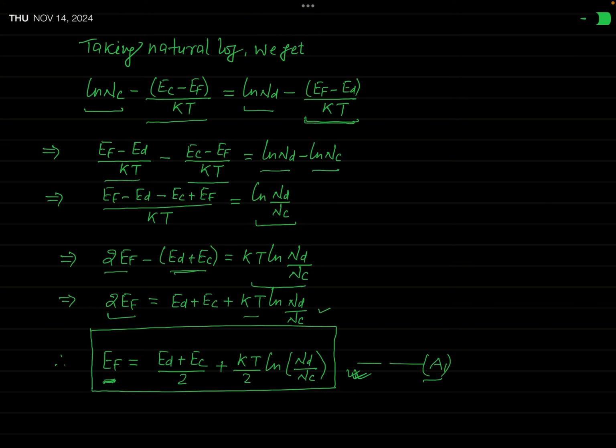You can see. In fact, by mistake, one can say that if T is equal to 0 Kelvin, then what will be EF? Without thinking seriously, one can say that since T is 0, so this second term will vanish and EF will be equal to ED plus EC divided by 2.